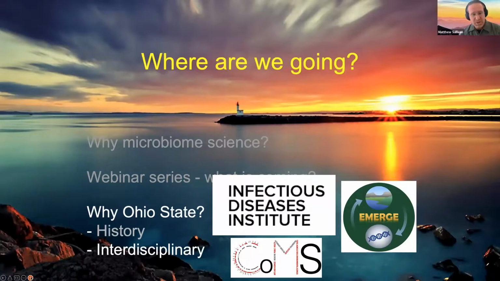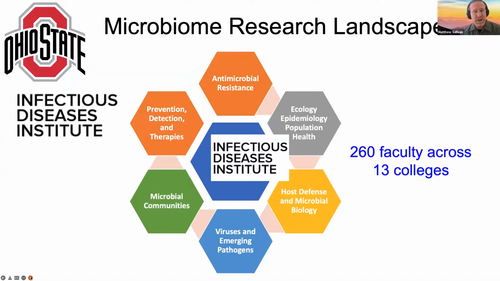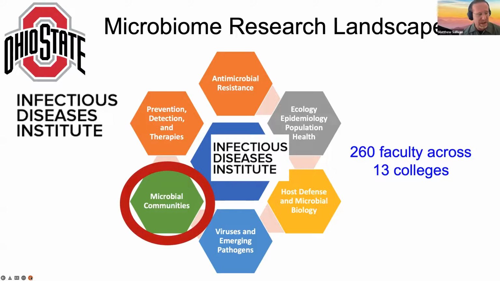And this has led to some exciting interdisciplinary work across 3 different entities: the Infectious Diseases Institute, the Center for Microbiome Science, and the new Emerge Biology Integration Institute, funded by NSF. The Infectious Diseases Institute is part of our microbiome research landscape at Ohio State, and it has many different thematic programs, but one of them, here highlighted in the red circle, is microbial communities.